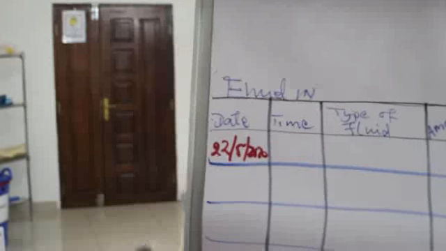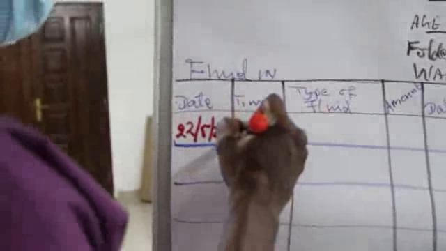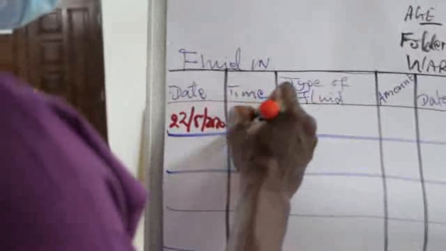The first category is where you give a fluid. For instance, if you've given normal saline, it is important that the date you are giving it is noted, the time is noted, and the amount of the normal saline you are putting up is also noted.